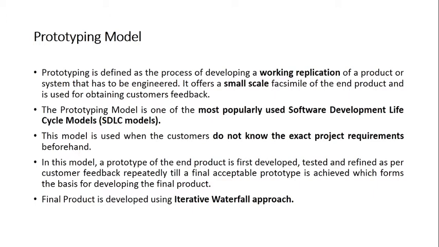Several times we keep on repeating this cycle. Why? To get the customer's exact requirements and have a better understanding of them, we keep on developing and modifying this prototype.